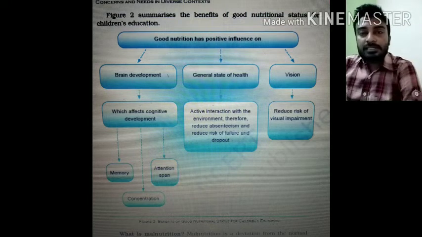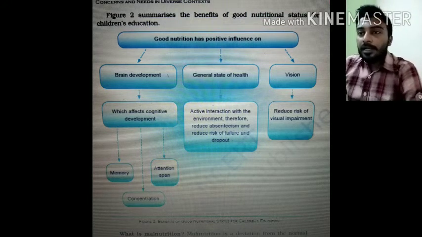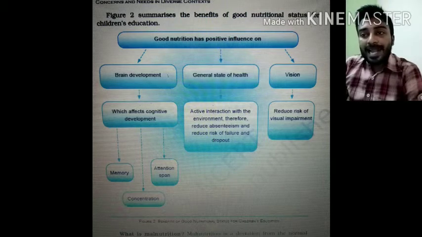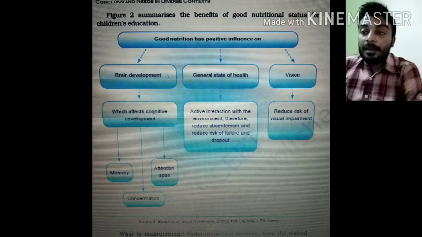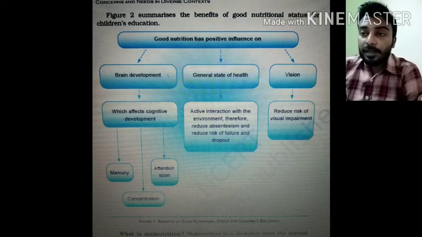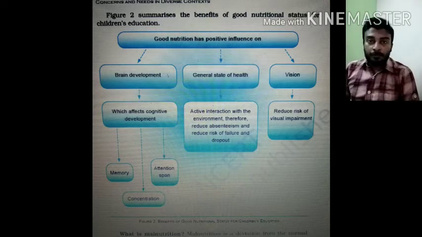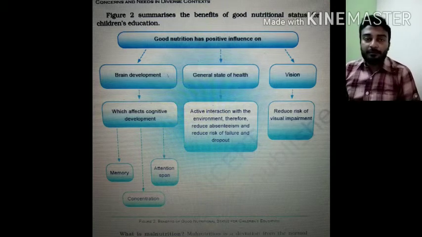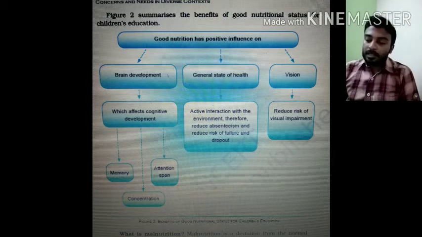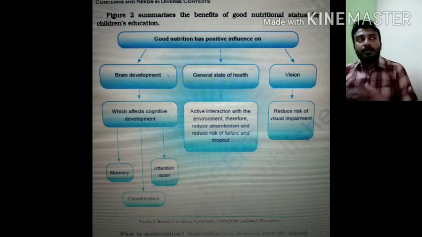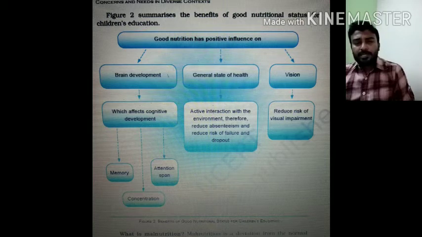And the general state of health leads to active interaction with the environment, therefore reduces absenteeism and reduces risk of failure and dropout. So when your general state of health is good because of the good nutrition provided to children, the child will interact with its environment, therefore it reduces absenteeism, failures and dropout.